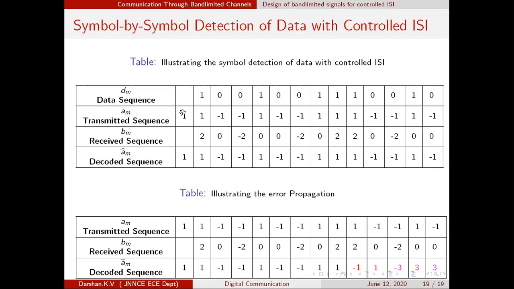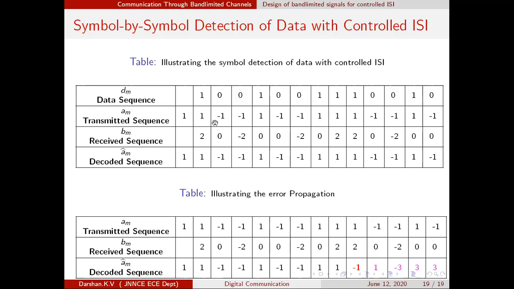Don't bother about the very first column; the data starts from this point. So 1 is treated as 1 volt, and 0 as -1 volt. This is a sort of pulse amplitude modulation, and this is the data which you are transmitting.